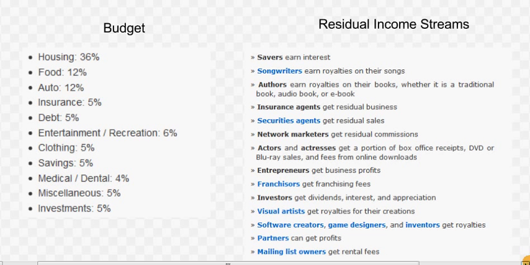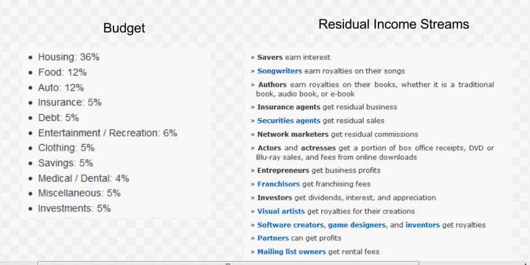Hey guys, today I'm going to be showing you how to become financially free by setting up residual income streams. Now, I was taught this technique several years ago by a multi-millionaire friend of mine and a mentor, and he basically showed me how he was living mortgage free, car payment free, and he was having his tenants pay for all types of things because basically he set up these residual income streams.